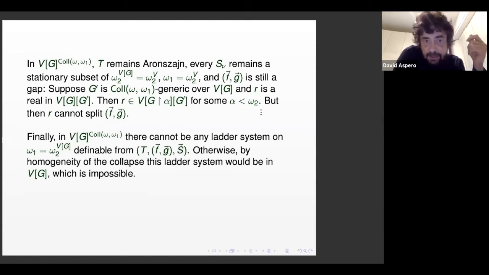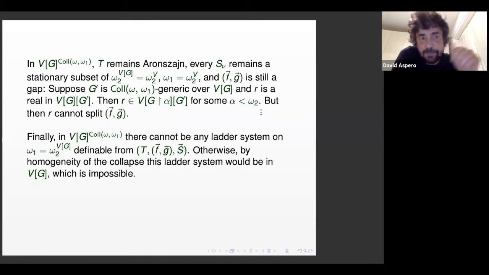Then that r is in V of some initial segment of G given by some alpha less than omega 2, since the forcing that added the gap was an iteration of length omega 2. So R together with G prime, right? But then you can see by a density argument that R cannot split the gap.